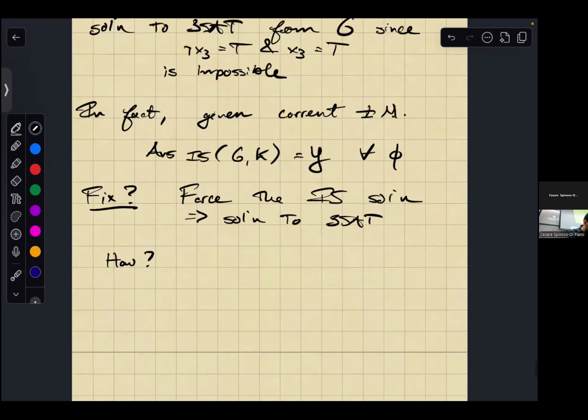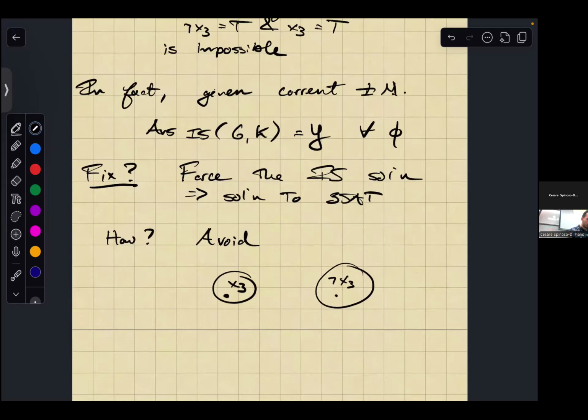I need to essentially avoid the possibility that in the independent set solution, I have x3 and not x3 in my independent set, right? So I need to avoid this, right? Avoid this, so avoid x3 and not x3 in the independent set.